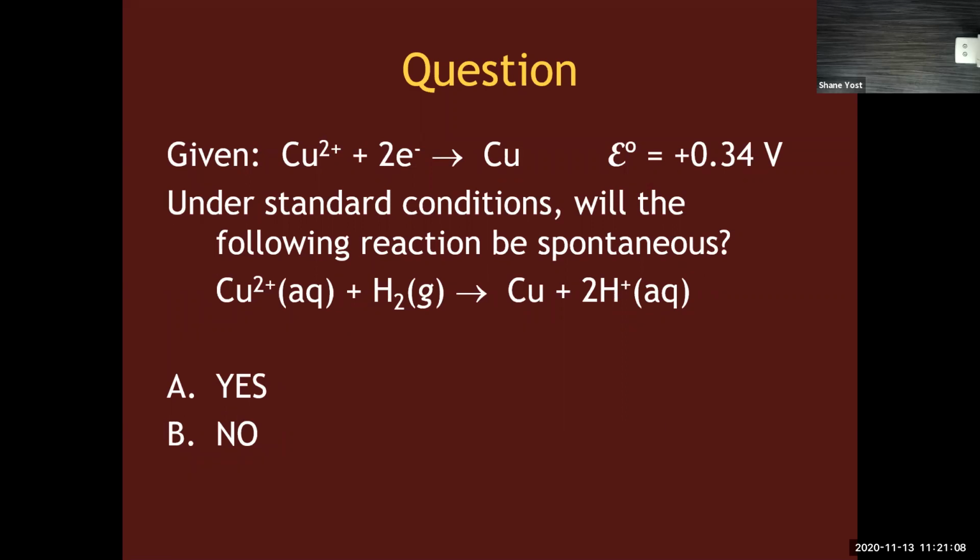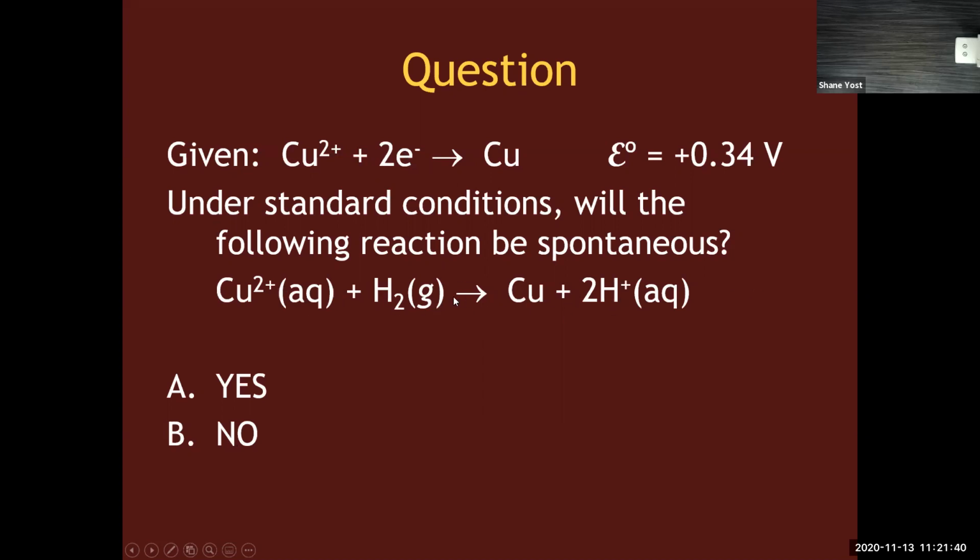Given this half reaction, will the following reaction be spontaneous given the cell potential of that half reaction? Yes, it will be, and you know that because the half reaction here is the reduction of Cu2+, which is what is occurring here.